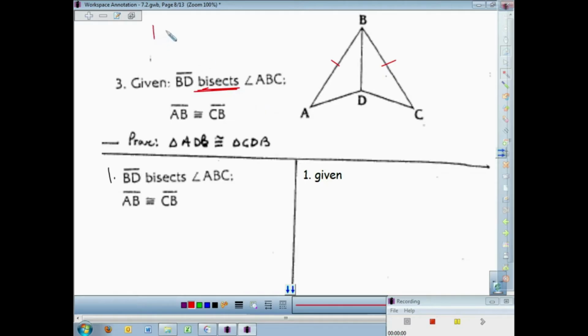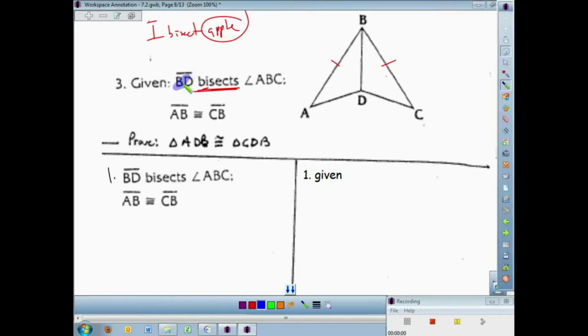If I bisect an apple, bisect means cut into 2 equal pieces. If I bisect an apple, what got cut into 2 equal pieces? Me or the apple? Well, the apple got cut into 2 equal pieces. Right? If segment BD bisects angle ABC, what got cut into 2 equal pieces?